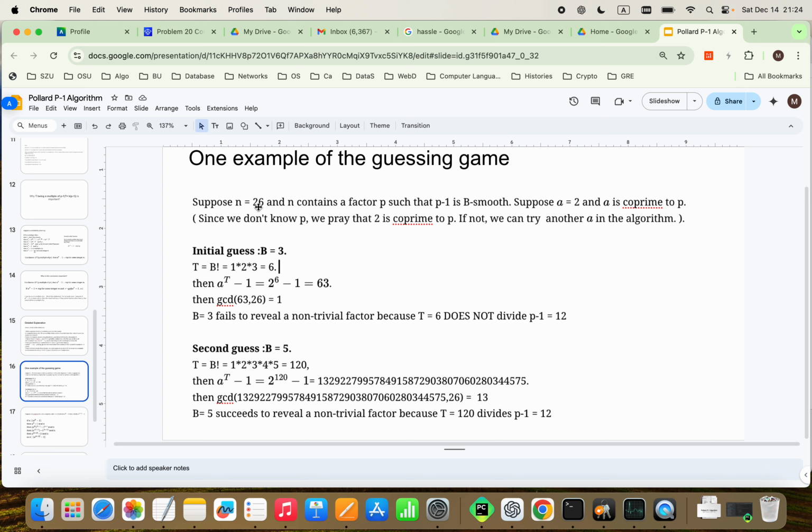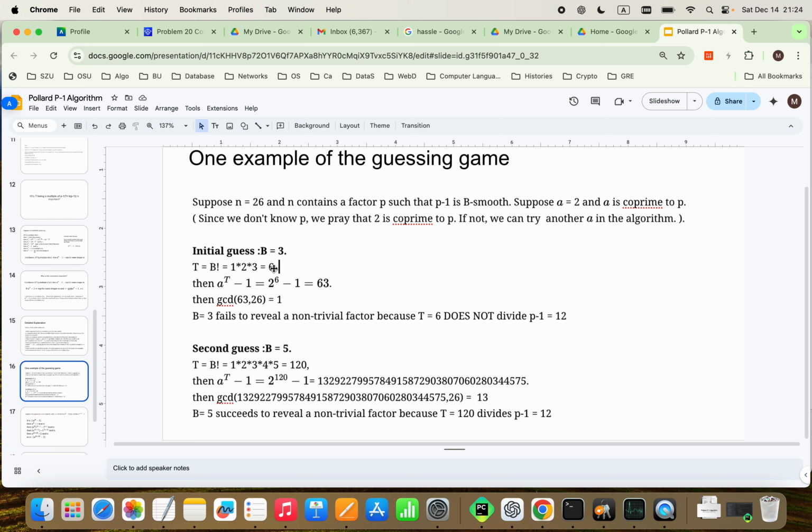N equals 26. P you can see it's 13. So our initial guess, which is wrong, b equals 3, and if b equals 3, b factorial is 6. 6 is not a multiple of p minus 1, which is 13 minus 1, which is 12.